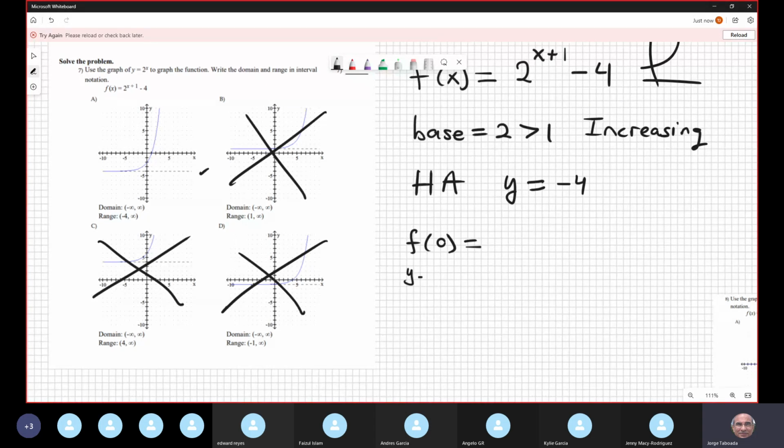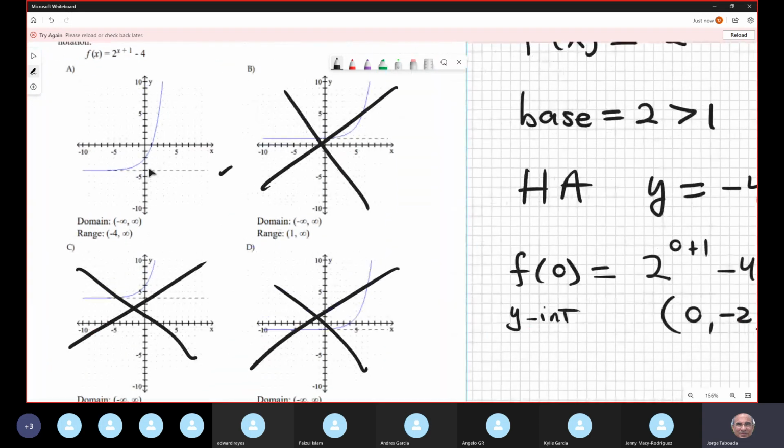You know the formula, and you evaluate at 0: 2 to the 0 plus 1, minus 4. 0 plus 1 is 1, 2 to the first power is 2, and 2 minus 4 is negative 2. So this famous point would be (0, negative 2). Let me see if it's good or not. Oh yes, look at that. This point is (0, negative 2). Almost confirmation.